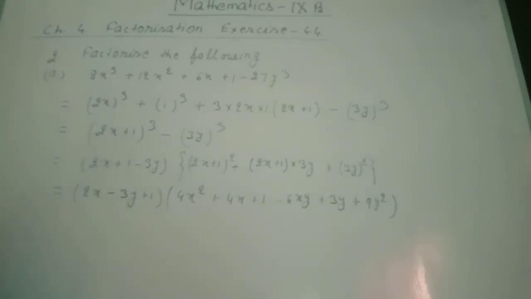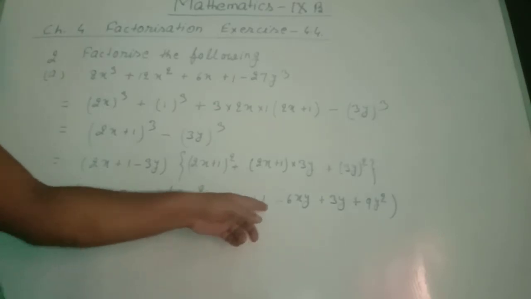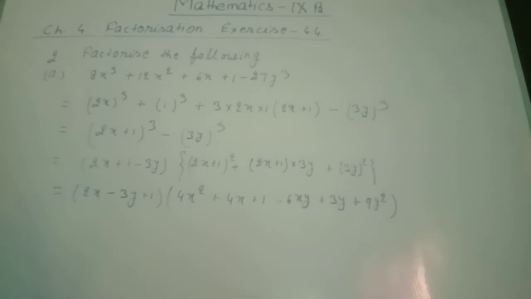So the factors of the given algebraic expression became 2x minus 3y plus 1 into 4x square plus 4x plus 1 plus 6xy plus 3y plus 9y square. In this way the chapter is completed. Now we are going to start a new chapter, chapter 5, simultaneous linear equations in two variables.